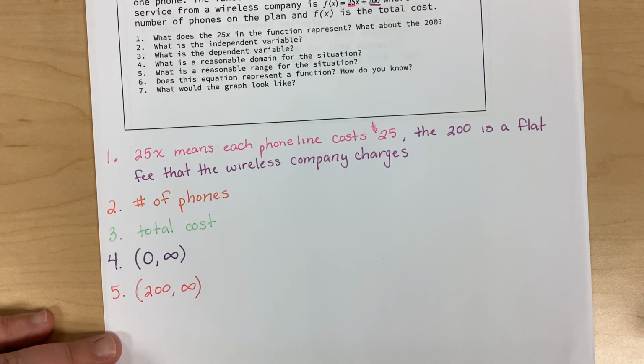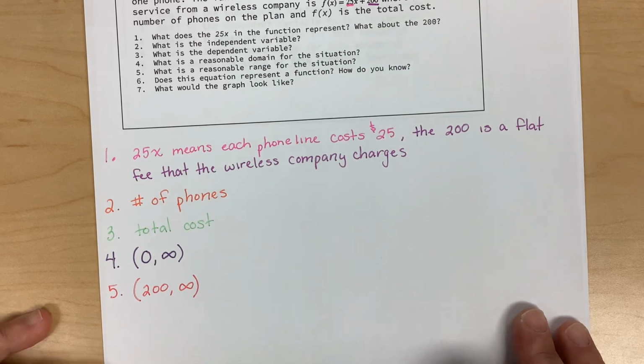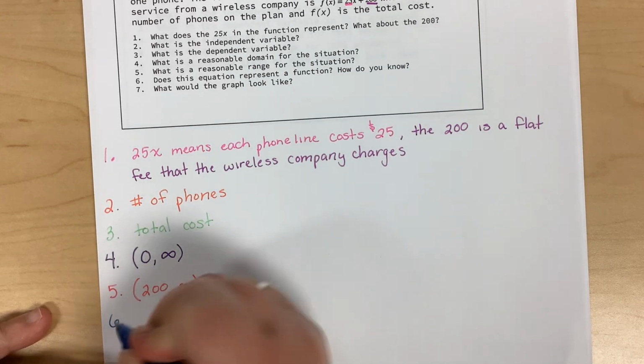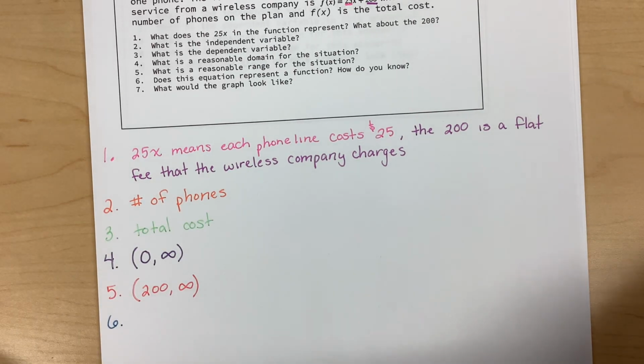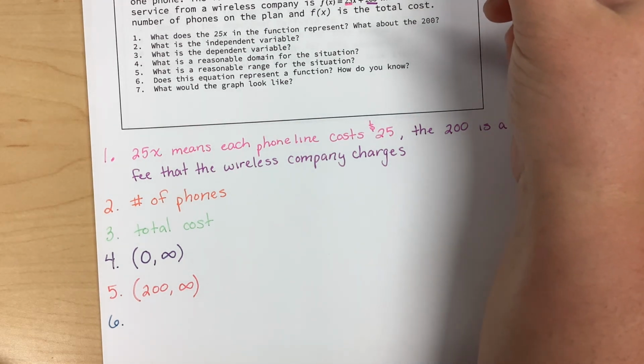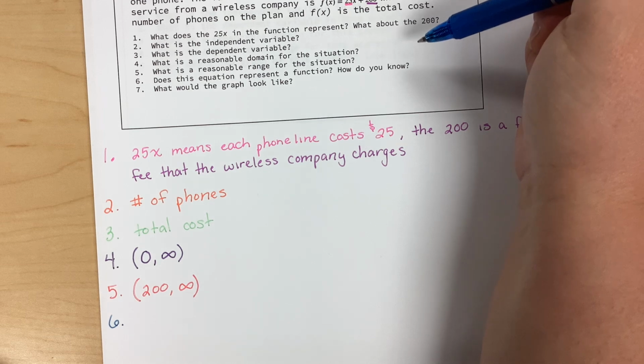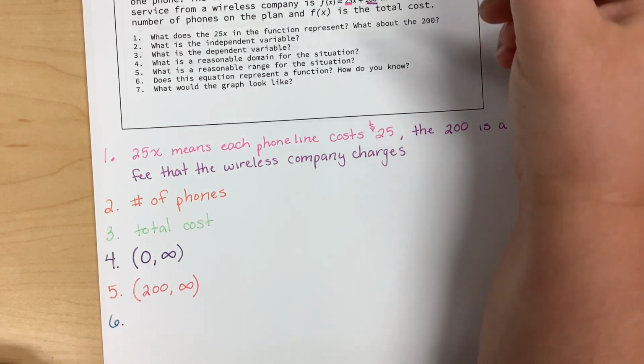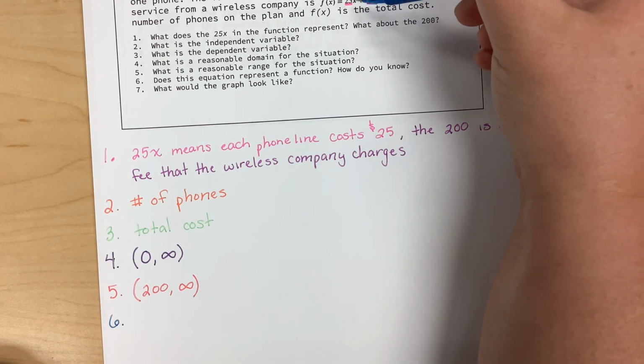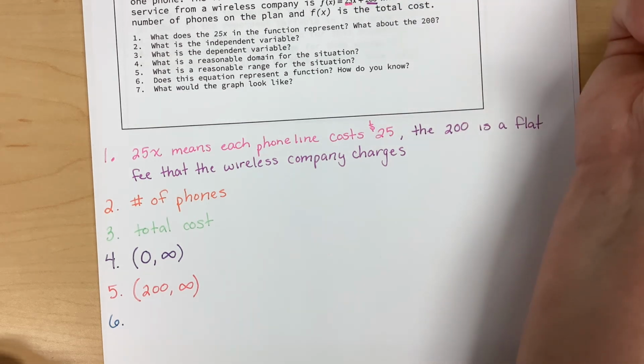All right, number 6, does this equation represent a function and how do you know? So you need to think about, is there a number of phones that I could have that could produce more than one total cost? So for example, if I only have one phone line, is it possible for me to have 2 different total costs? And the answer is no. If I have one phone line, it's 25 times 1 plus 200, which is 225.